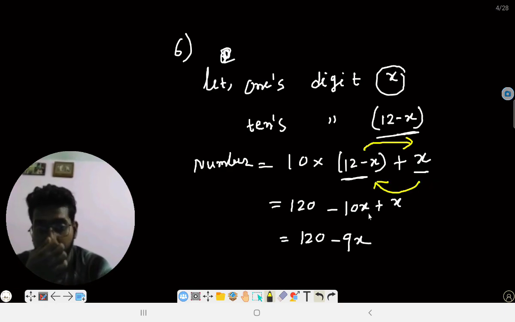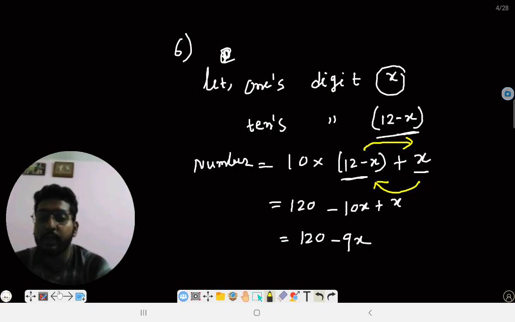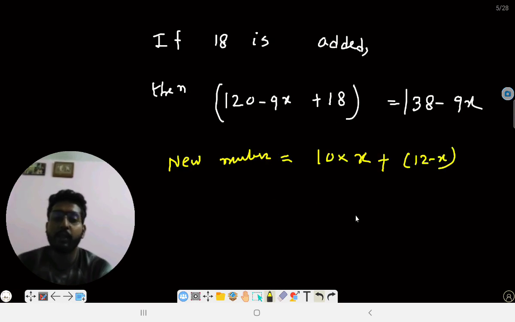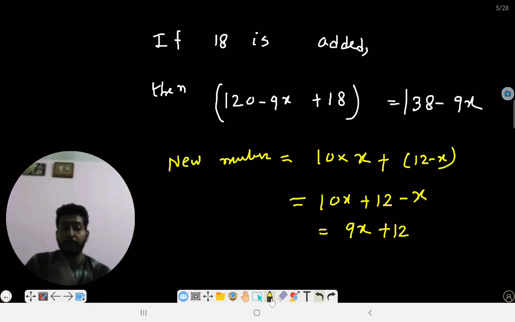The reverse means the ones digit goes to tens and the tens digit goes to ones. So it becomes 10 into x plus 12 minus x, that is 10x plus 12 minus x, that means 9x plus 12. This will be the new number.